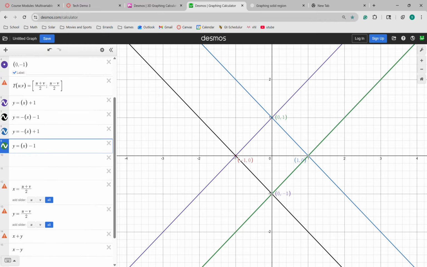The way we can do this is, given the transformation, we can replace x's and y's in terms of u's and v's.